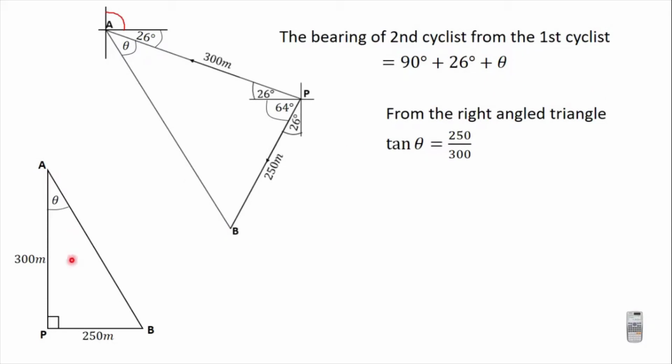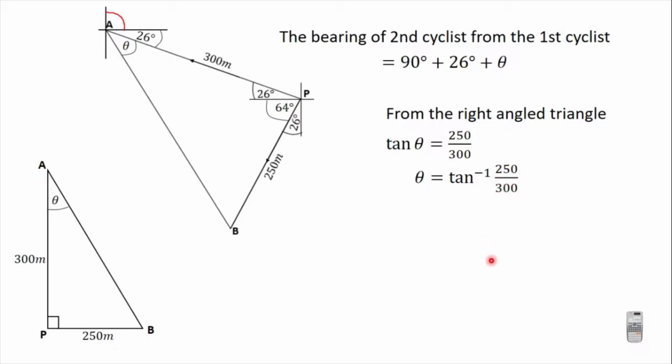From the right angle triangle here, we can see that tan theta is equal to opposite, which is 250 meters, divided by adjacent, which is 300 meters. So the meters will cancel each other off. From here, in order to find theta, I'll take tan inverse of both sides. And when you do that, theta is equal to tan inverse of 250 divided by 300.